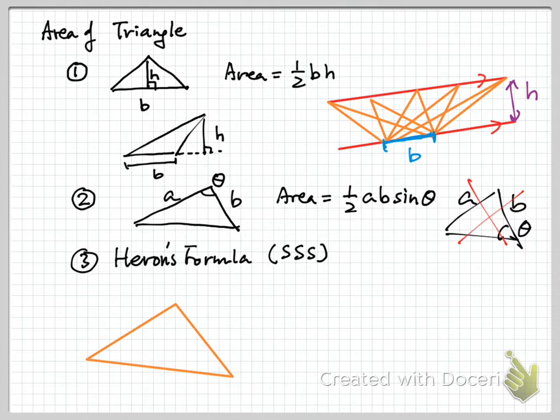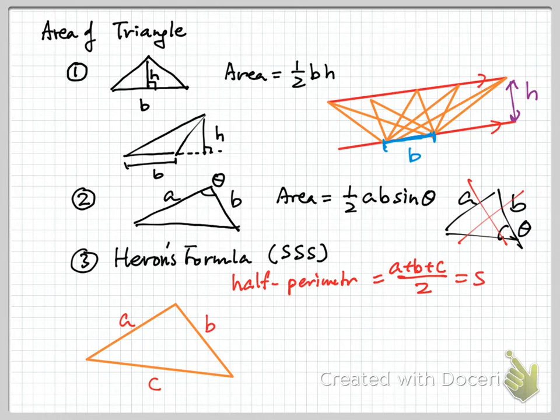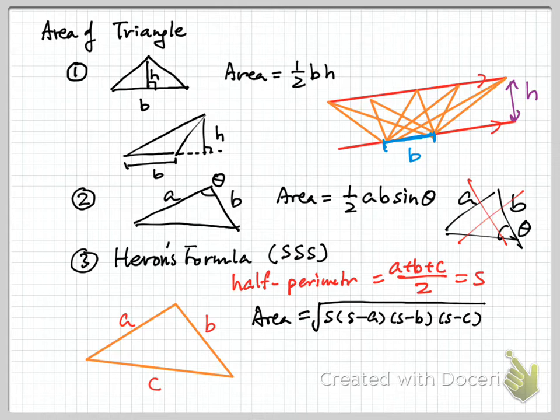If the three sides are A, B, and C, then we devise a quantity called the half perimeter, which is A plus B plus C divided by 2. We call it S. Then, according to Heron's formula, the area will be S times S minus A, S minus B, S minus C, take the square root, not divide by 2.